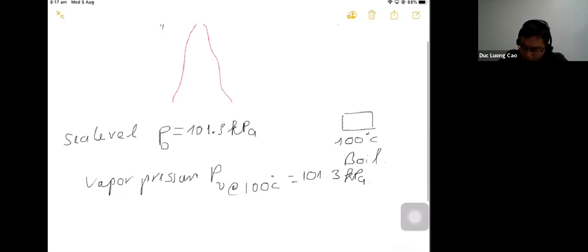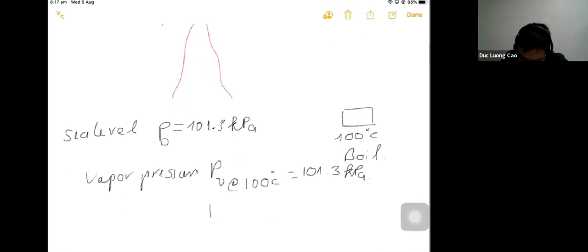And vapor pressure PV at temperature T1 is P1. This means if you want to boil water at temperature T1, you have to create a tank, and the pressure of water inside the tank is P1. Okay, it's vapor pressure.